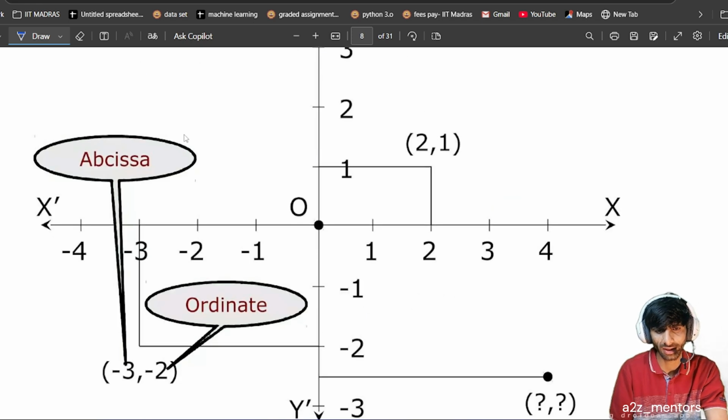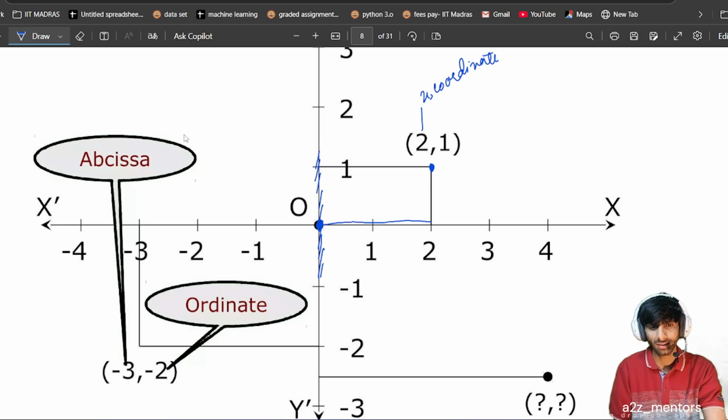2 comma 1 we are checking. What does 2 comma 1 mean in mathematics? It means that the point is 2 units far from the y-axis, and we call this the x coordinate, and the point is 1 unit far from the x-axis.